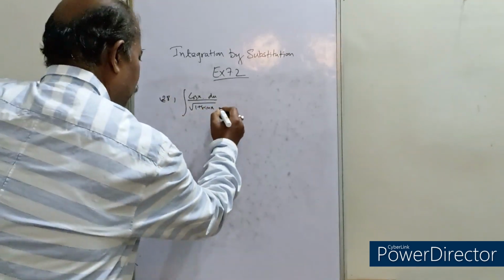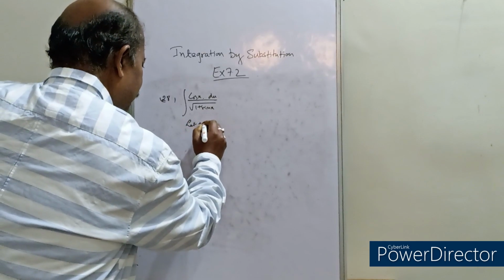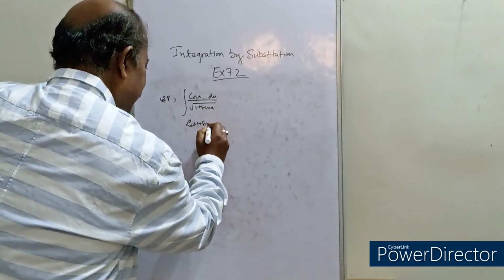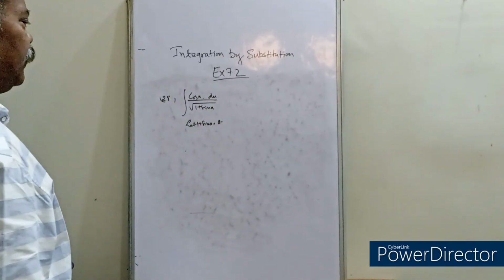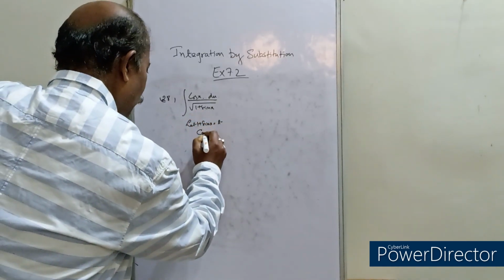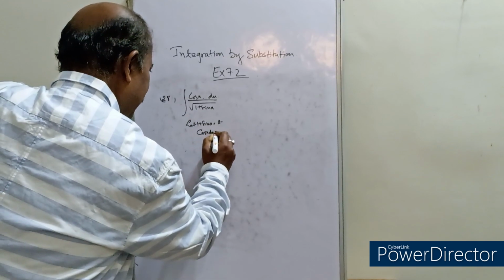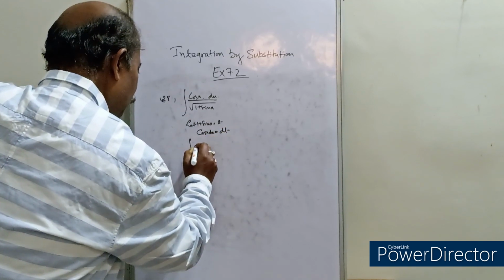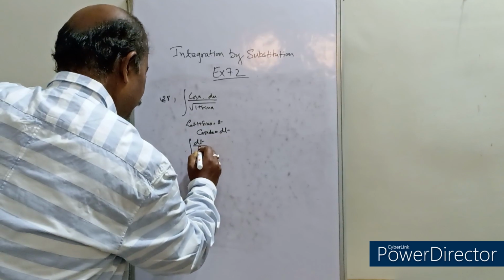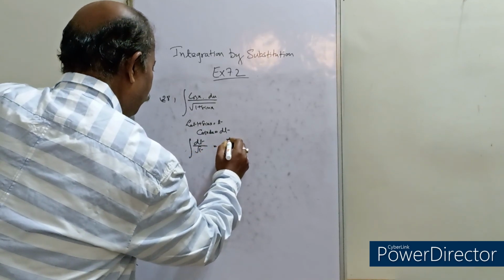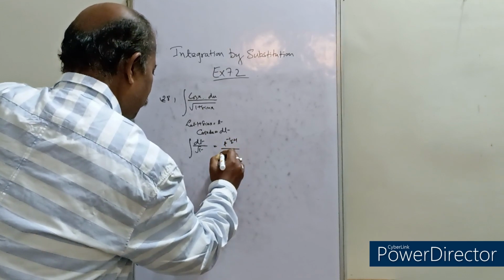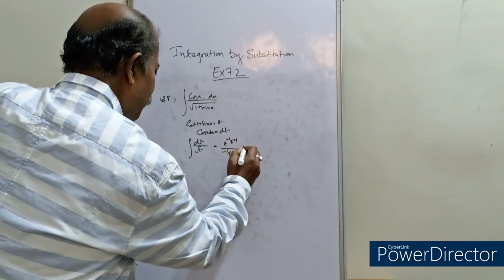So let 1 plus sin x be equal to t. When you differentiate it, the differentiation of any constant is 0, and sin x comes out to be cos x dx, that is equal to dt. So dt by root t will come out to be t to the power of minus half plus 1 by minus half plus 1, plus c.